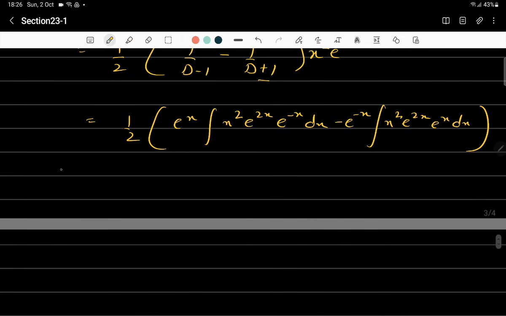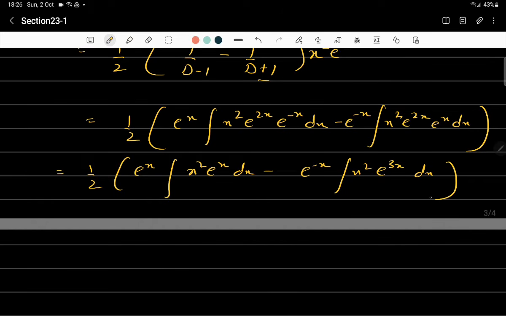So now it becomes e raised to the power x integration of x square e raised to the power x dx minus e raised to the power minus x integration of x square e raised to the power 3x dx.